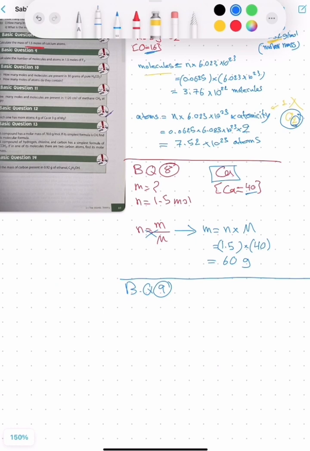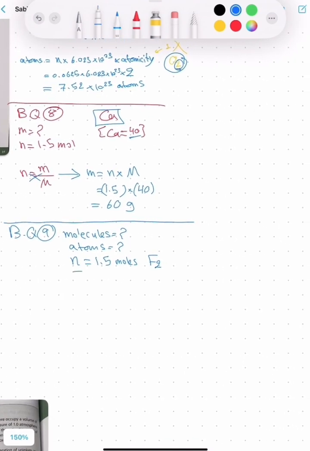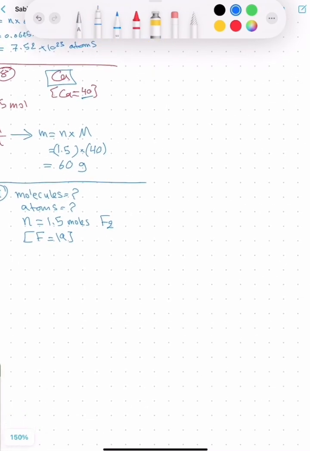What do you have? Calculate the number of molecules, which is unknown, and atoms are also unknown. If we have 1.5 moles, number of moles is equal to 1.5 of which element? F2, fluorine gas, and you will have the atomic mass, which is 19, if you need it. If not, then do not use it.